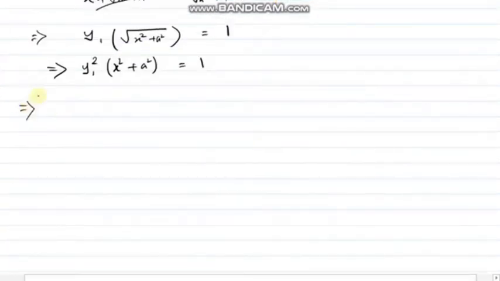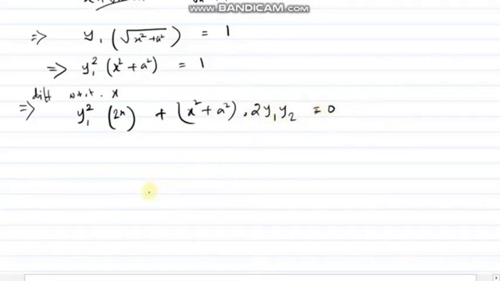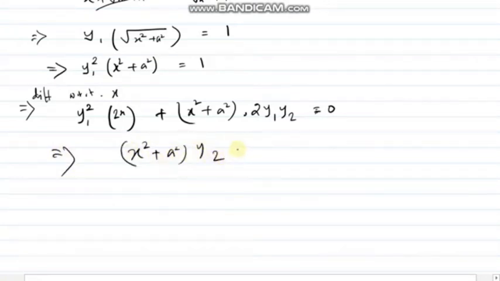So again if I differentiate with respect to x, y1 square into d/dx of this thing will be 2x, plus x square plus a square into 2 y1 y2 equals 0, right? So if I divide by 2 y1 again, x square plus a square into y2 plus x y1 equals 0. You have to prove this for this sum.